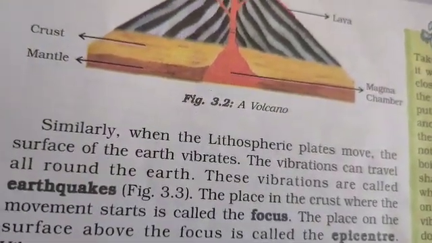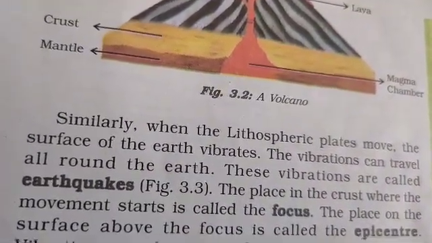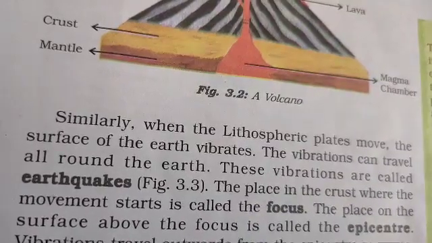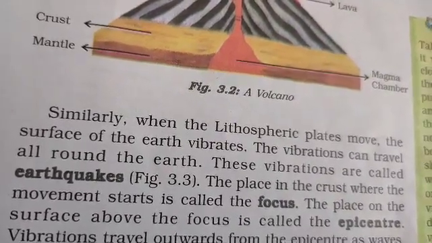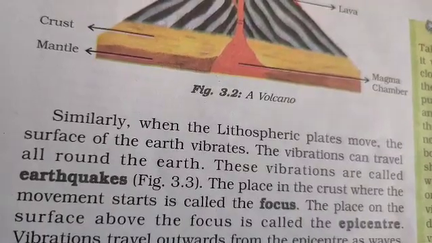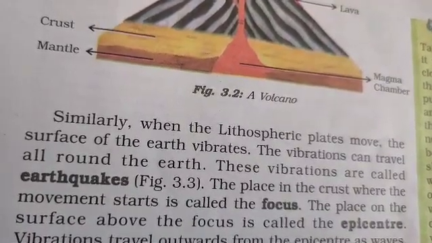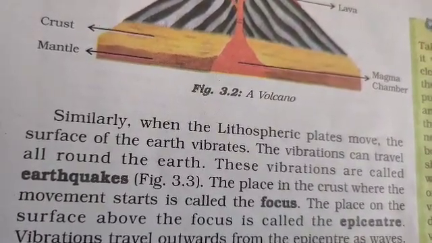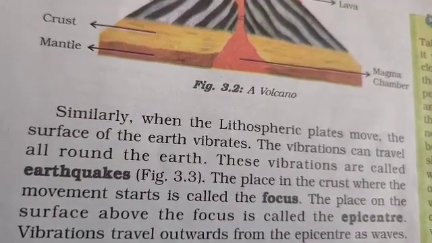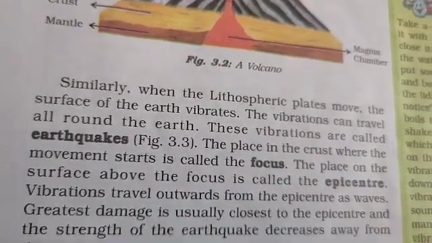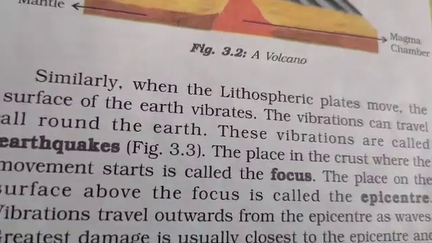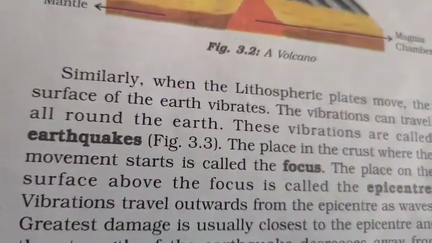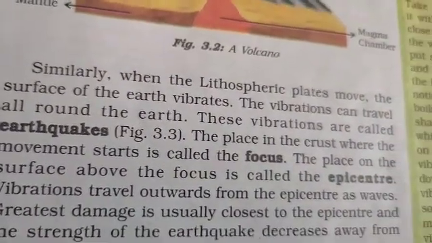When the lithospheric plates move, the surface of the earth vibrates. The vibration can travel all around the earth. These vibrations are called earthquakes. The place in the crust where the movement starts is called the focus.